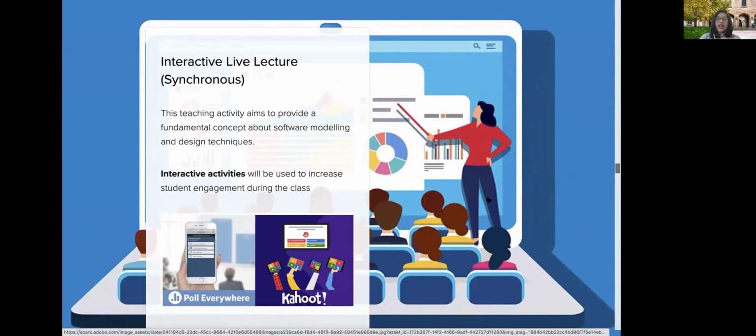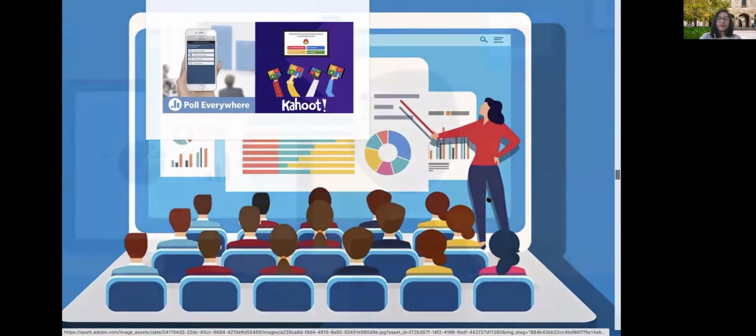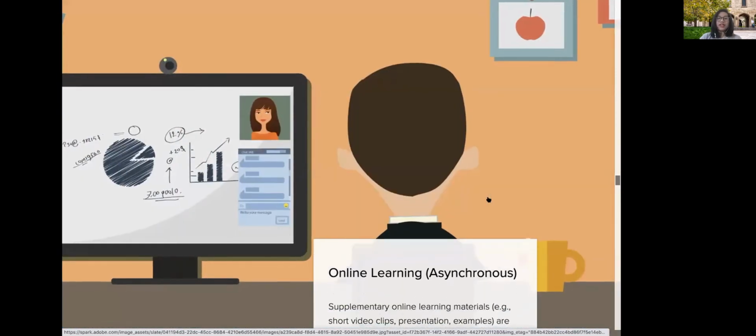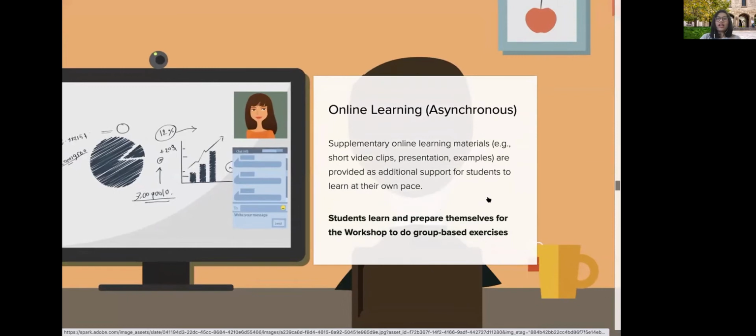And it is a live lecture. The students will attend my presentation, and there will be interactive activities to increase student engagement during the class using Poll Everywhere or Kahoot. And after the lecture, there will be the online learning, which is asynchronous activities.